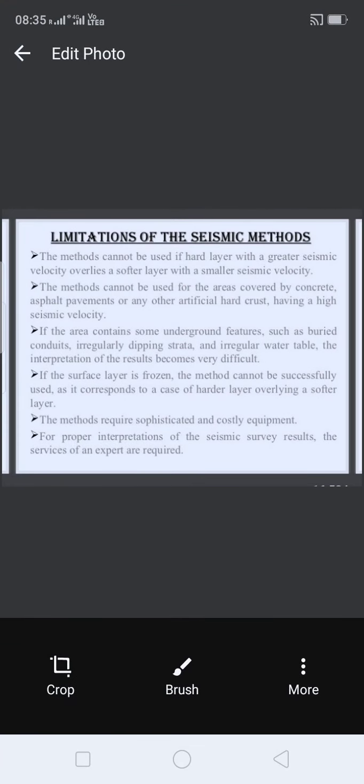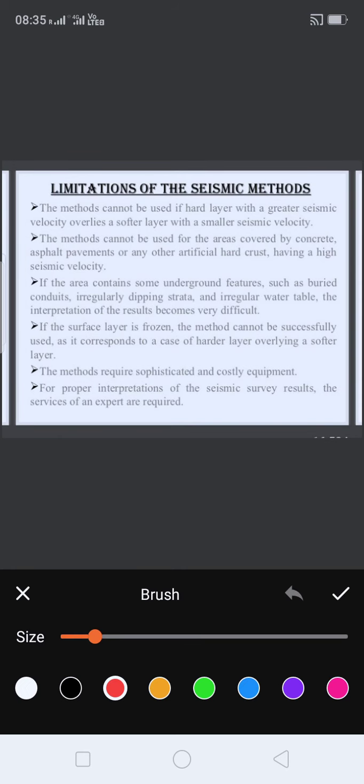The method cannot be used if a hard layer with a greater seismic velocity overlies a soft layer with a smaller seismic velocity. If there is a hard layer above a soft layer, when the vibration comes from this direction, it will travel directly to the geophone.